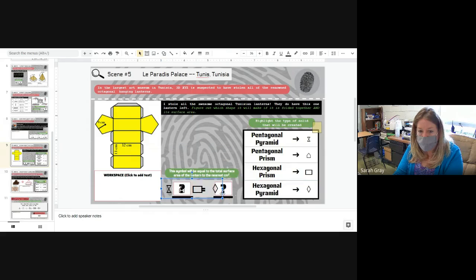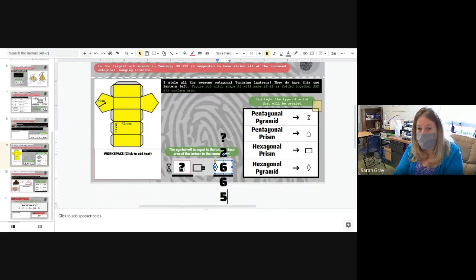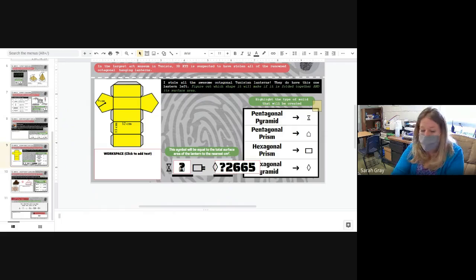Like something like that. You just have to remember that the pentagon was equal to the 2,665. So honestly, if you didn't get the answer in the slide, but maybe you wrote it on the notes down at the bottom, like Pentagonal Prism 2,665, that's fine. The box is not big enough.